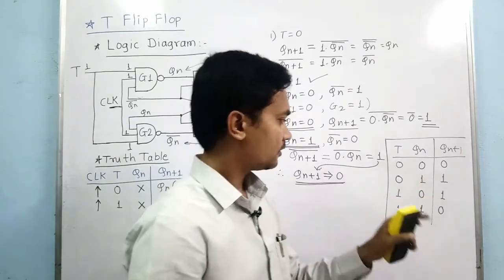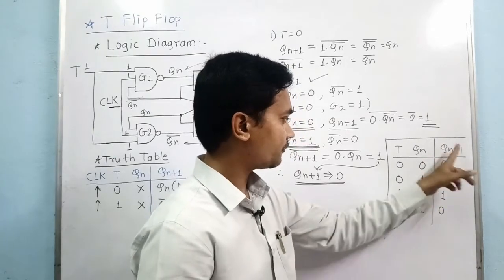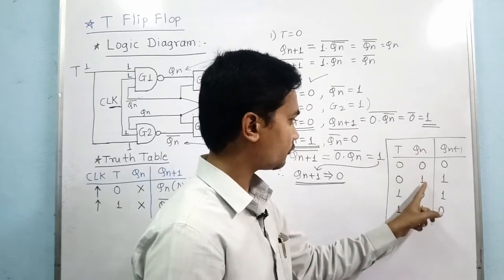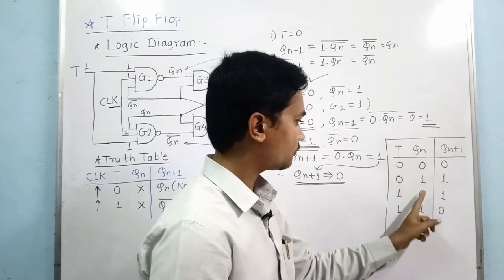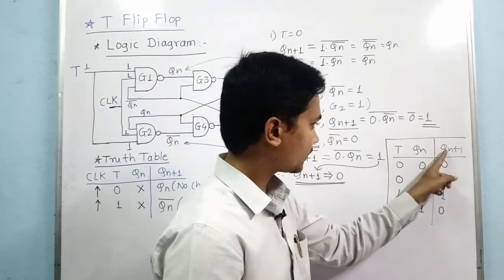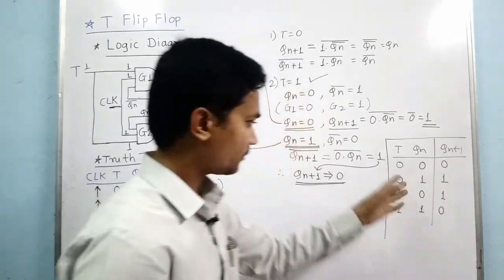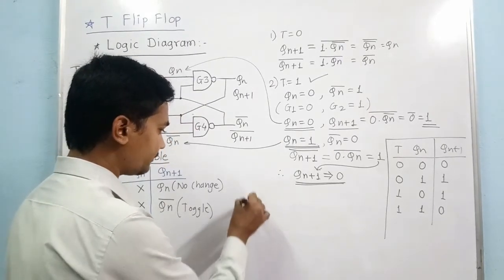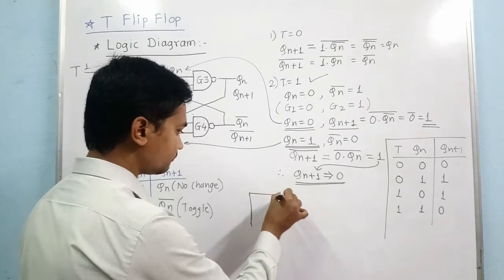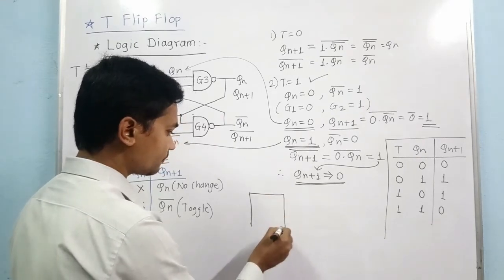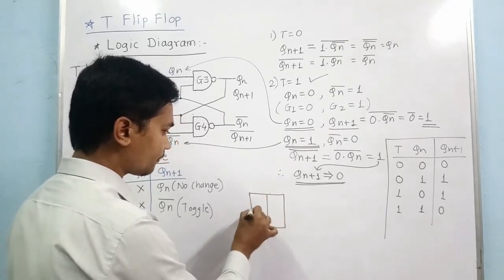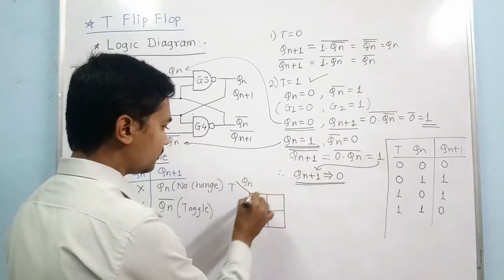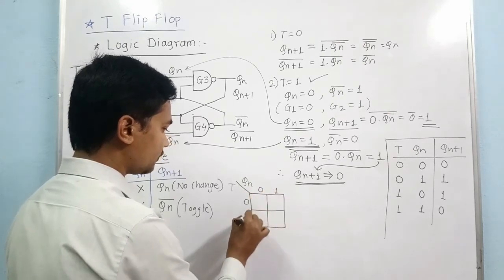So for which cases the Qn plus 1 is equal to 1, only the two cases, that is when t equal to 0 Qn equal to 1, when t equal to 1 Qn equal to 0. So for these two cases the Qn plus 1 has been 1. So from this truth table we will draw the K map. As we have the two inputs, that is t and Qn, 0 1.